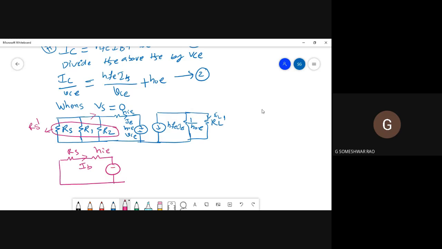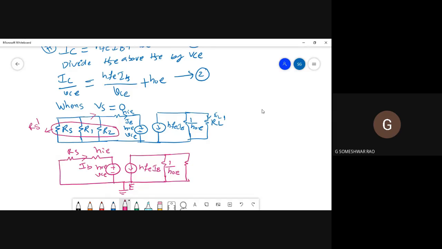Once again, please redraw this one, hre into VCE, hfe into IB. I hope everybody is following what I am drawing here. Yes or no? Yes, sir. Good. 1 by hoe, of course, this emitter is grounded here.